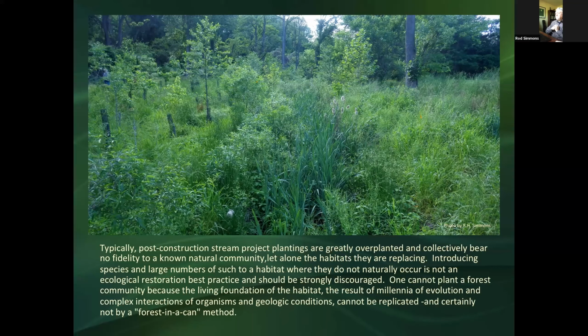The stream is in the middle of the picture, but you can't see it because they dumped hundreds of pounds of seeds of a riparian seed mix blend in here. Some of the species aren't native. A lot of them aren't even native to Fairfax County or Northern Virginia.